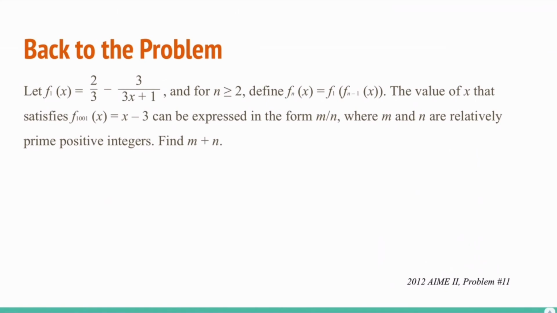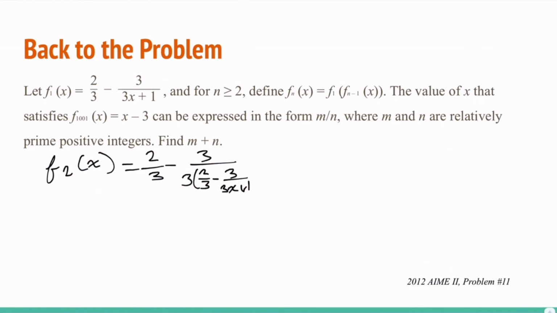Let's now try to find if this sequence acts like a cycle. f2 of x equals 2/3 minus 3 over 3 times 2/3 minus 3 over 3x plus 1, plus 1, which equals negative 3x minus 7 over 9x minus 6 after a lot of simplification.